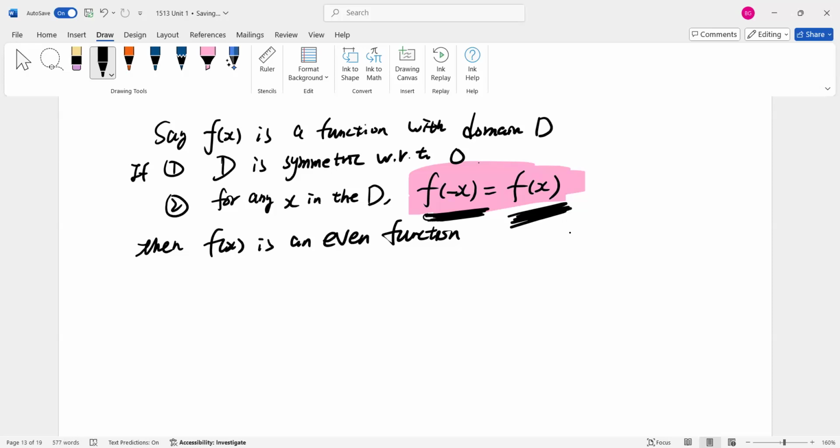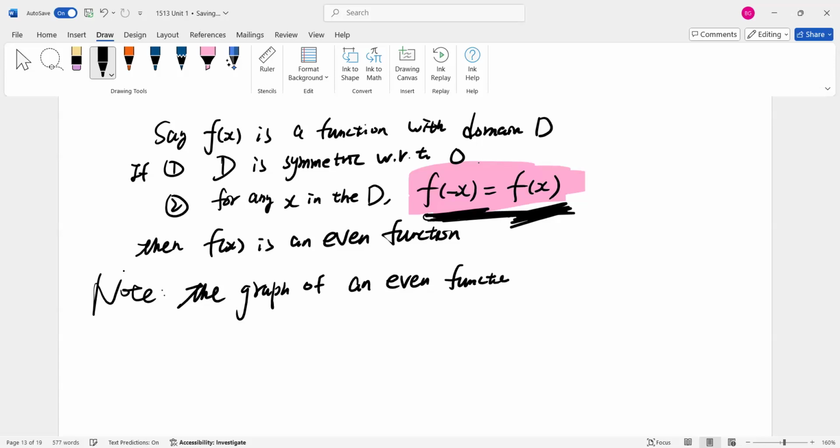So what kind of graph would meet that condition? The graph of an even function is symmetric with respect to the y-axis, the vertical axis.